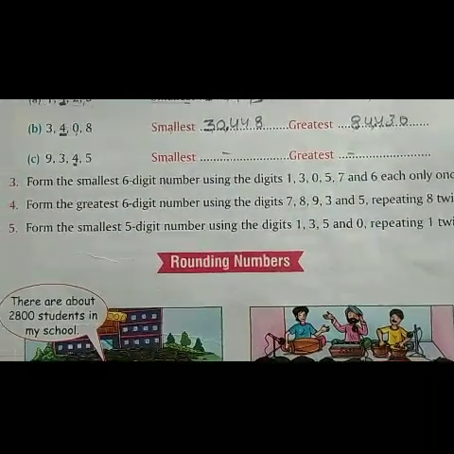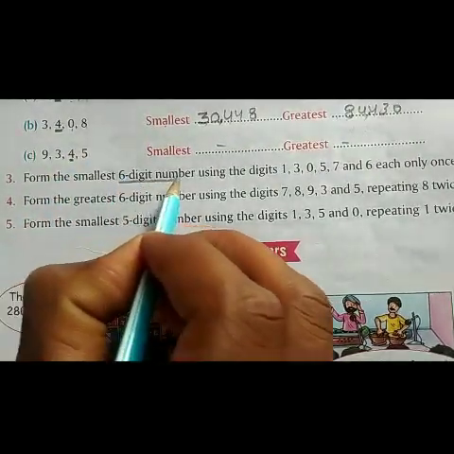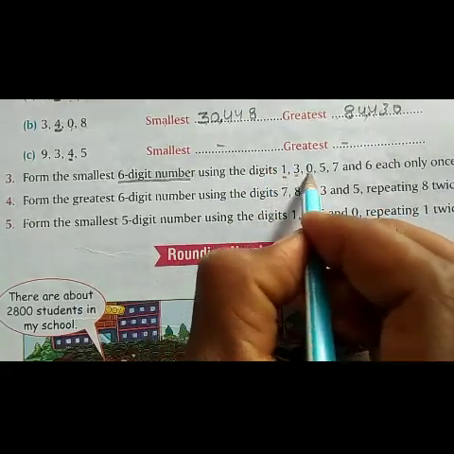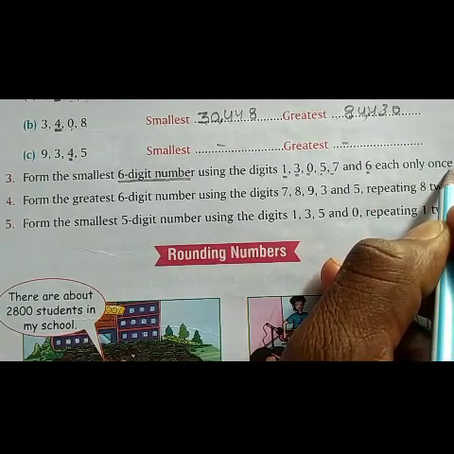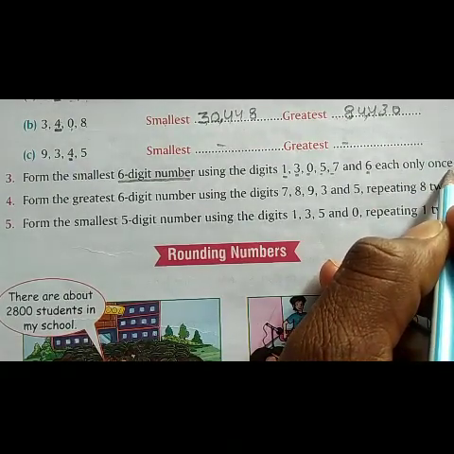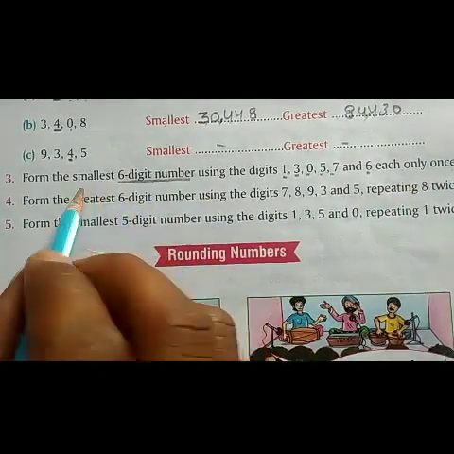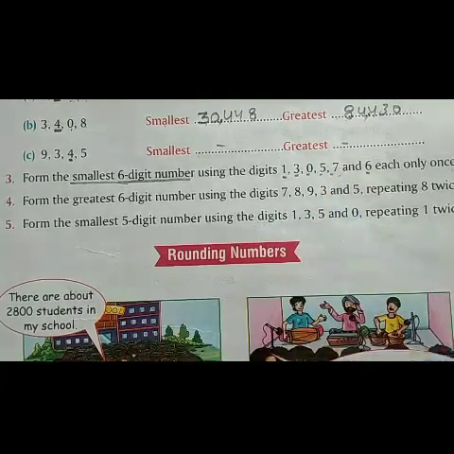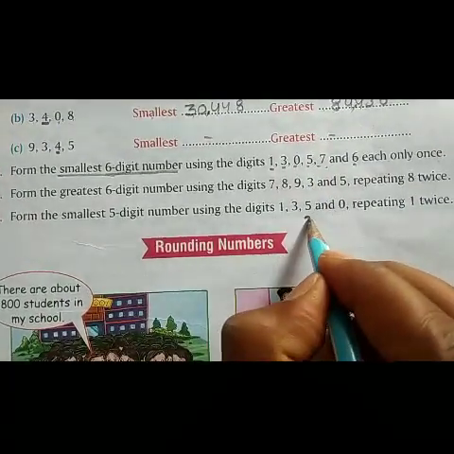Now question number 3. Form the smallest 6-digit number using the digits 1, 3, 0, 5, 7 and 6, each only once. It means simply we have to form the smallest 6-digit number using the given digits. No one digit will be repeated. So solve the third question here.